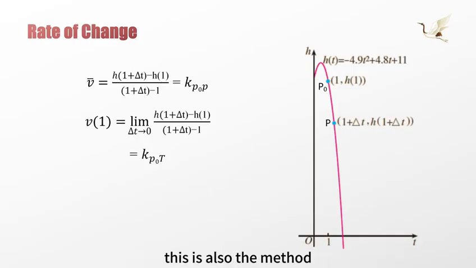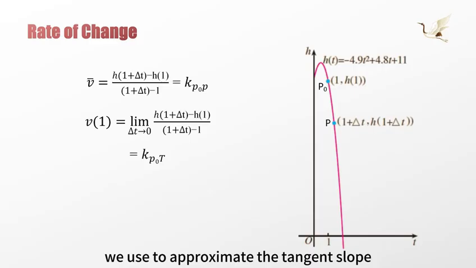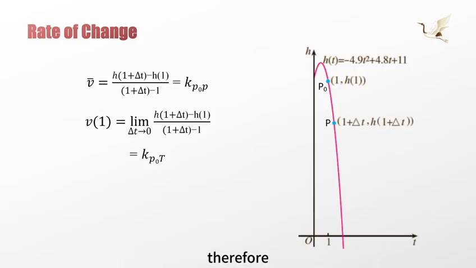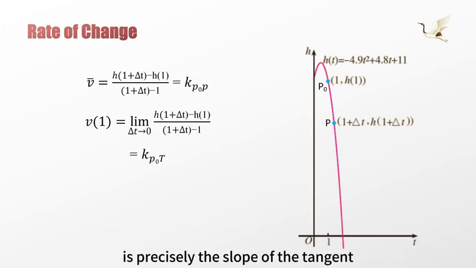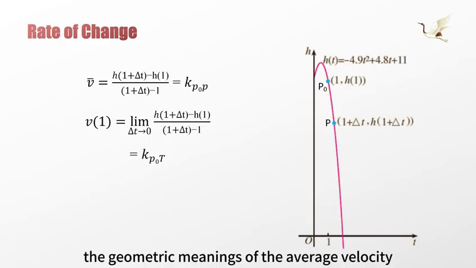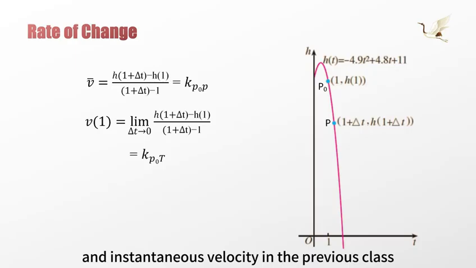This is also the method we use to approximate the tangent slope with the secant slope. Therefore, the geometric meaning of instantaneous velocity is precisely the slope of the tangent of the function graph at the point (1, h(1)).